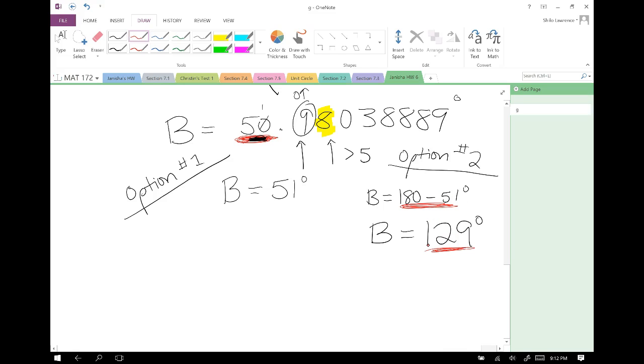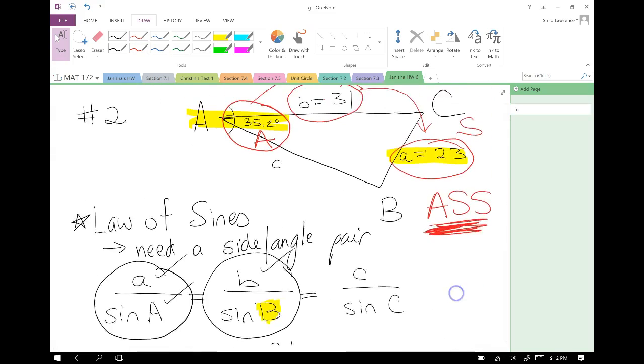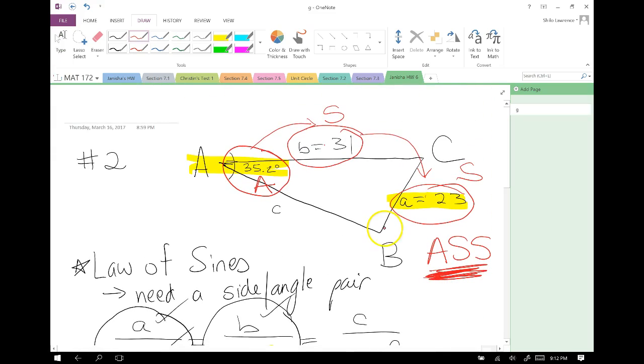Now we should check and see if that's a reasonable answer. I look on my triangle and ask, is it possible that that's 129 degrees? That's a really big angle. There should be a pretty long side across from it, and 31 is a long side. When we fill C in, it will make more sense.